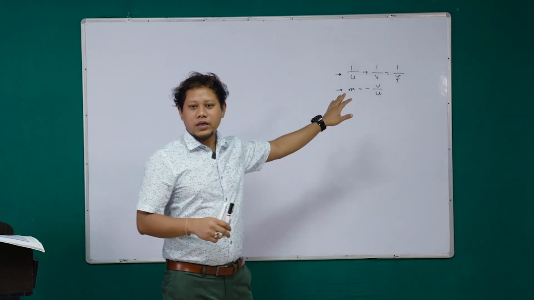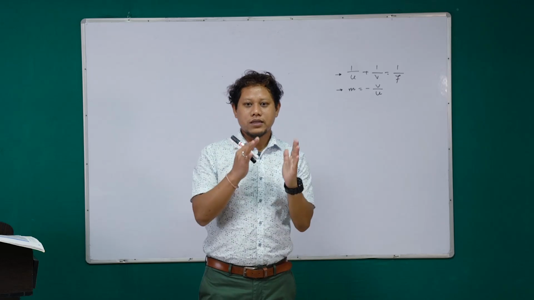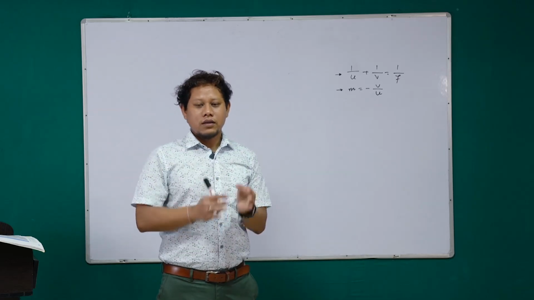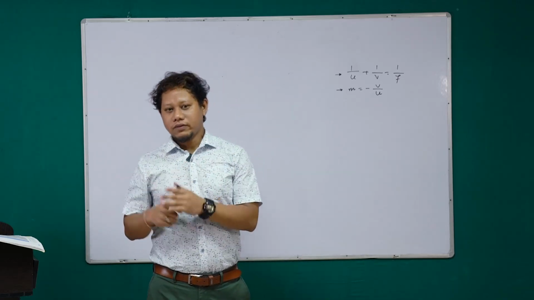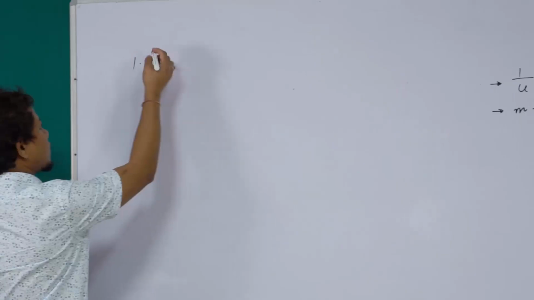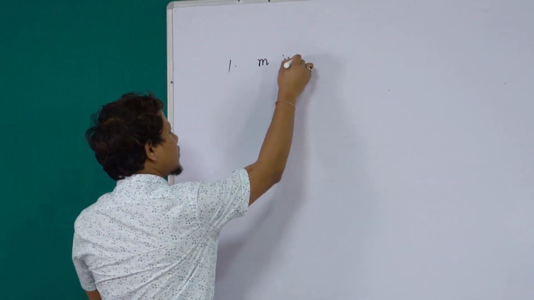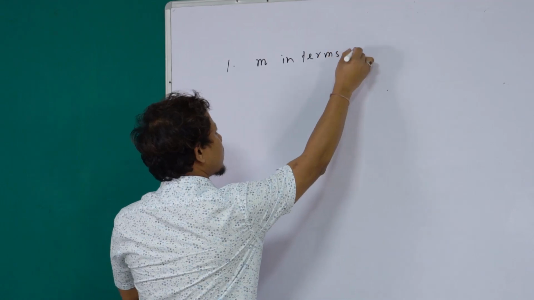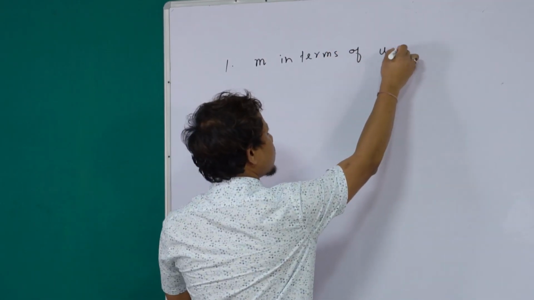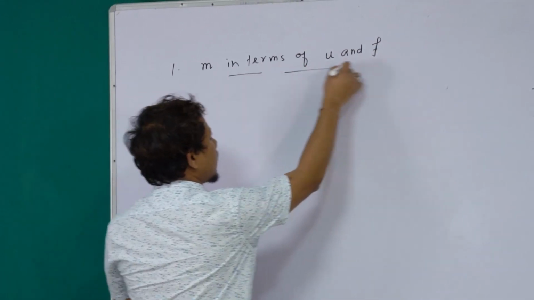Now we'll try to express this expression of magnification in terms of object distance and focal length, and in terms of image distance and focal length. So first, magnification m in terms of u, the object distance, and f, the focal length.